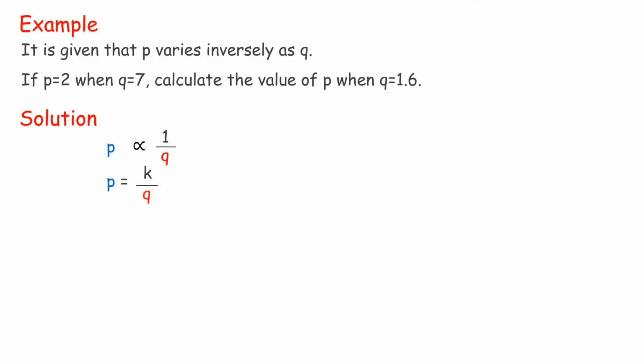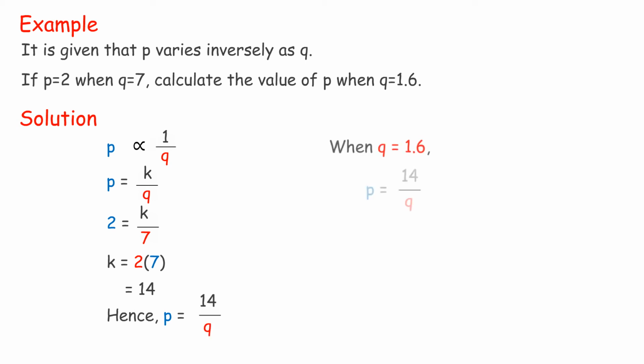To find out the value of k, substitute p and q into the equation. 2 equals k over 7. k equals 2 times 7 equals 14. Hence, p equals 14 over q. When q equals 1.6, p equals 14 over 1.6 equals 8.75.